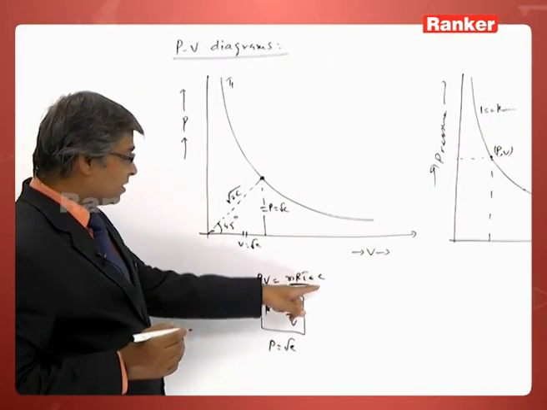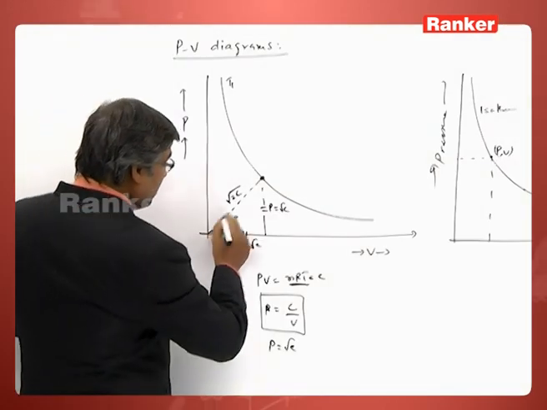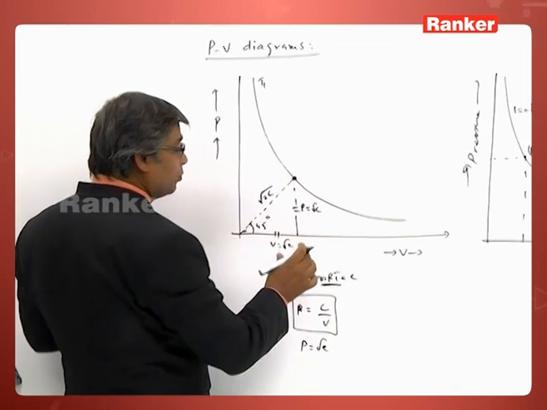Now C is proportional to T. That means this length is proportional to T.